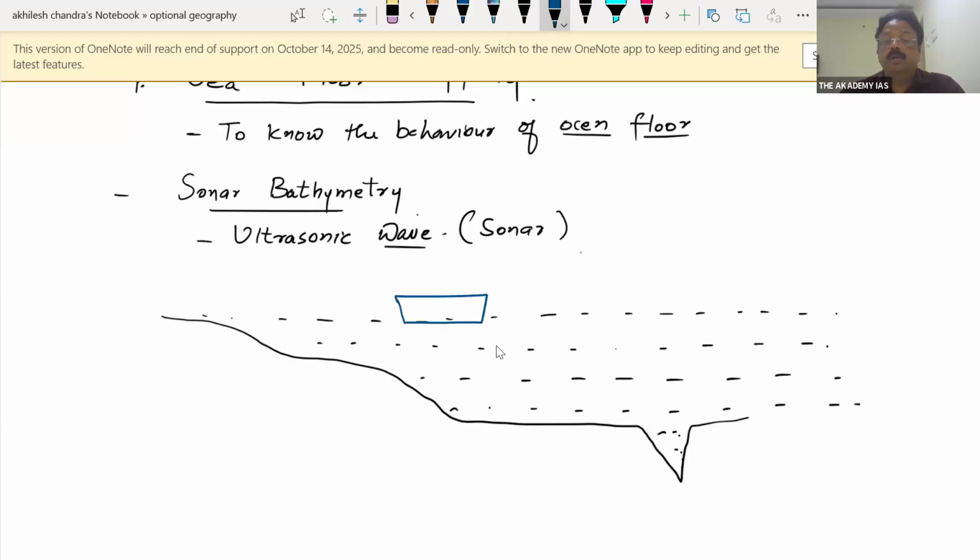They put this sonar in the boat, they sail their boat, and by using this sonar bathymetry, they send the ultrasonic wave and measure the ocean floor. And the ocean floor map was created.